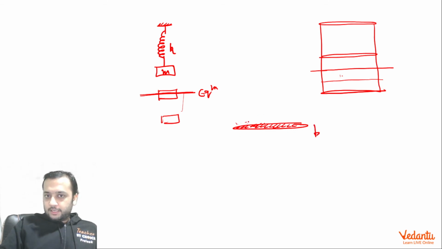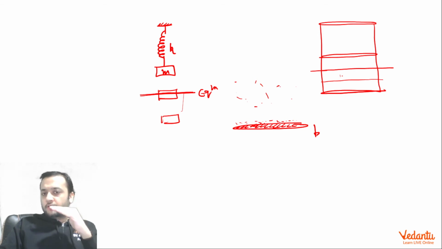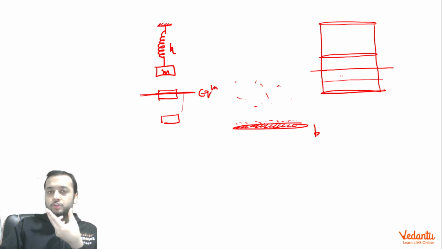this small layer of the gas which is in contact with the piston in the upper chamber, here the pressure decreases. You can think that the bulk pressure will be slightly more than this pressure. Why? Because here the piston is going down, so a sort of vacuum, I will not use the word vacuum, but I can say that the density of the gas will be less over here in comparison to the bulk.